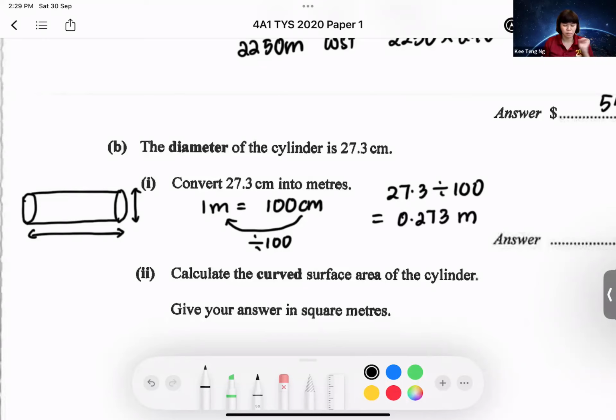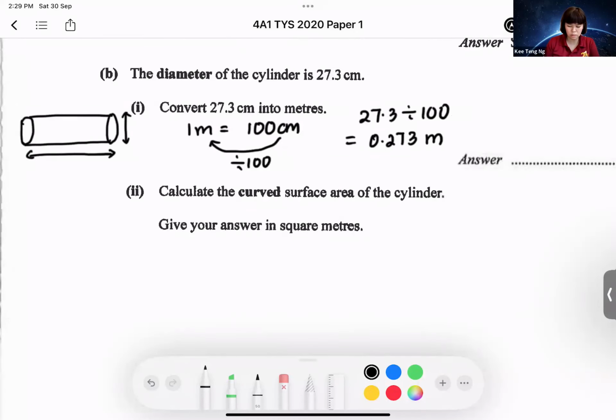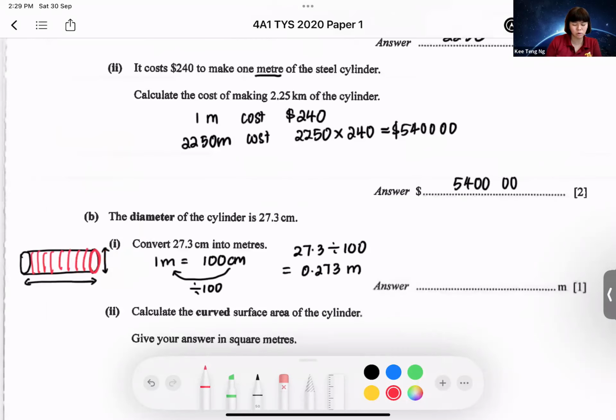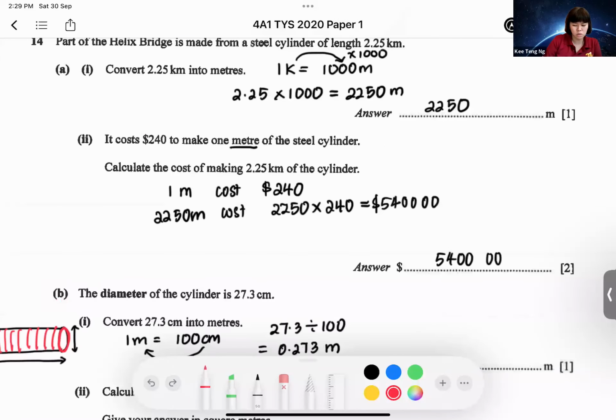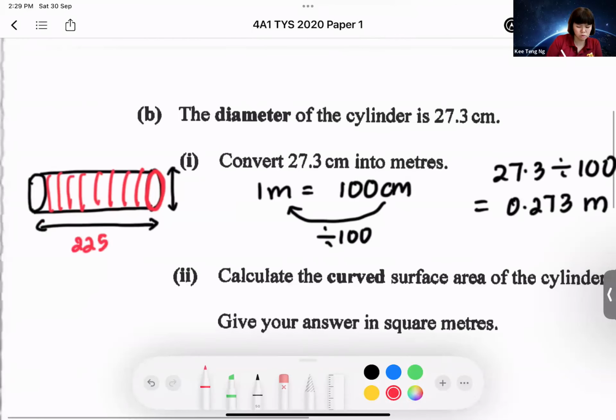Okay. Then now find the curved surface area of the cylinder. The curved surface area of the cylinder is finding the circumference multiplied by the whole length, which over here in meters is 2250 meters.